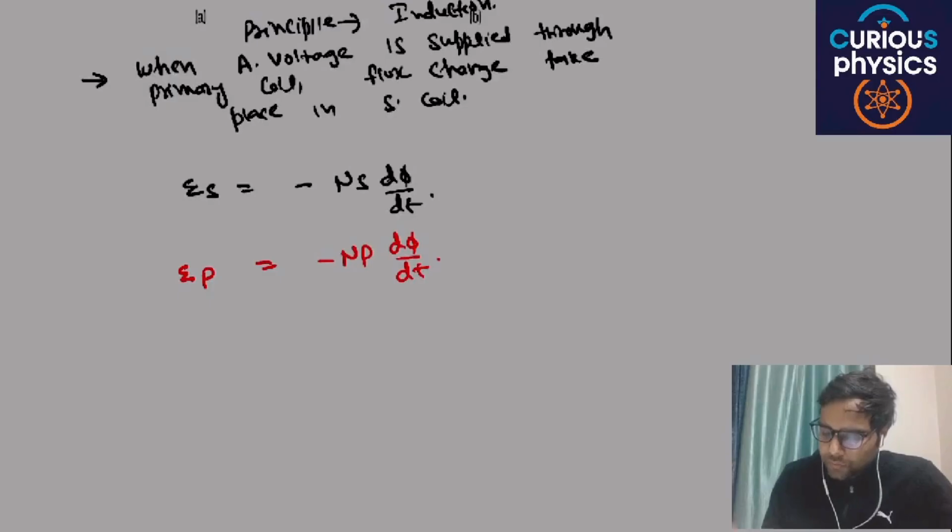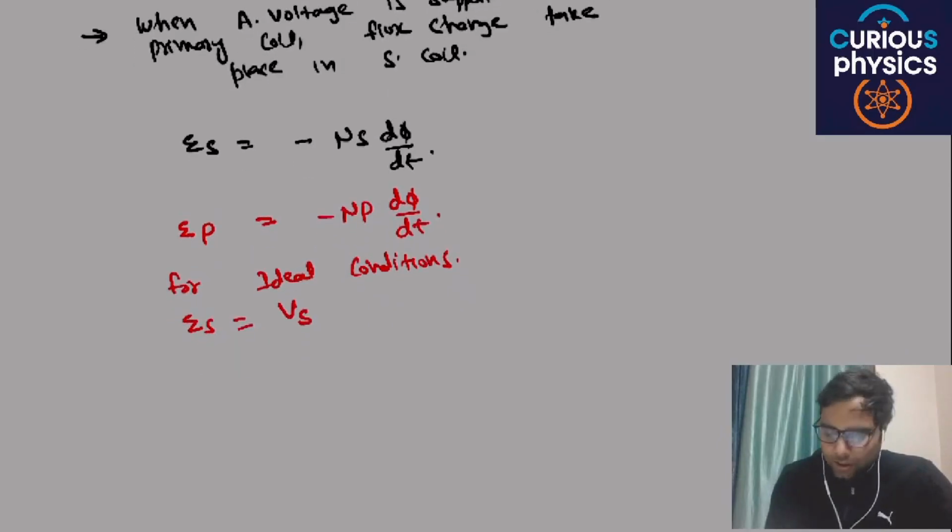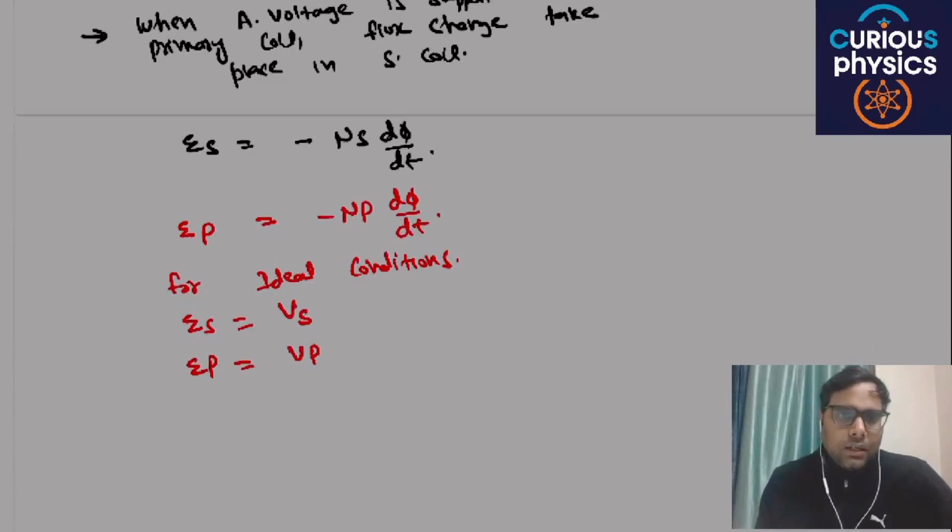In ideal conditions, induced EMF in secondary coil is equal to the terminal potential in secondary coil, and induced EMF in primary coil is equal to the terminal potential in primary coil.